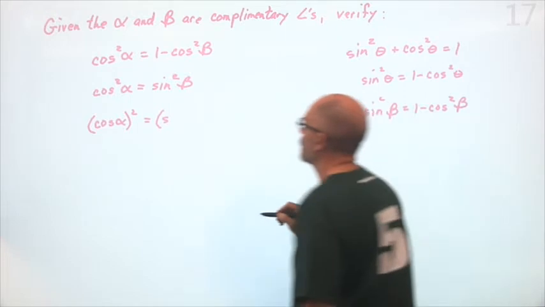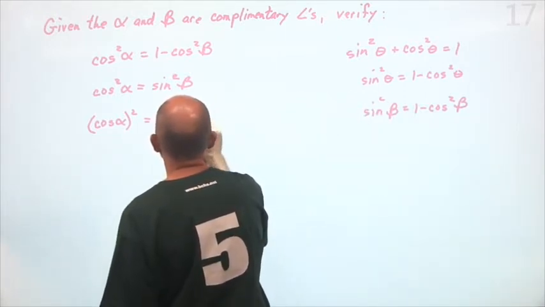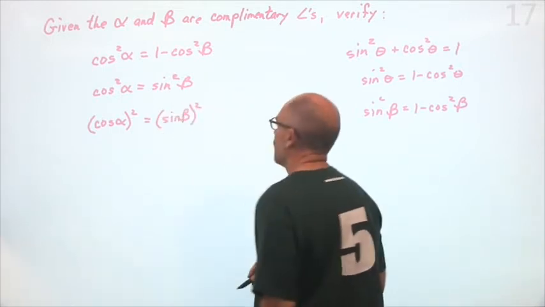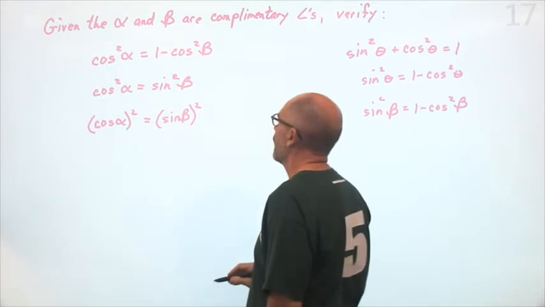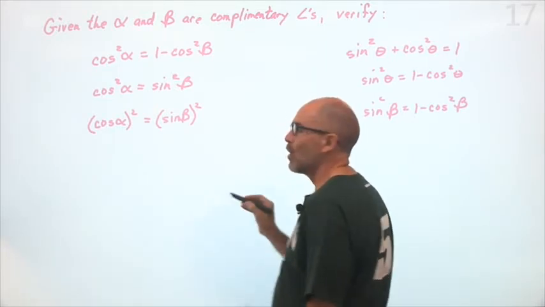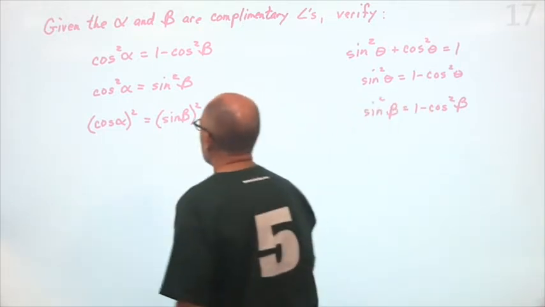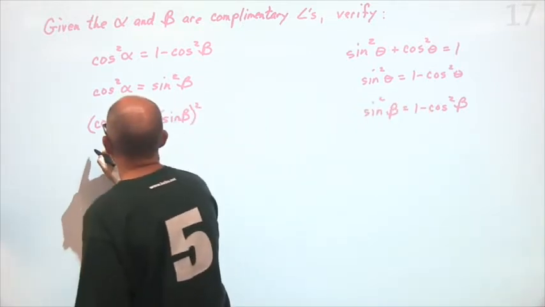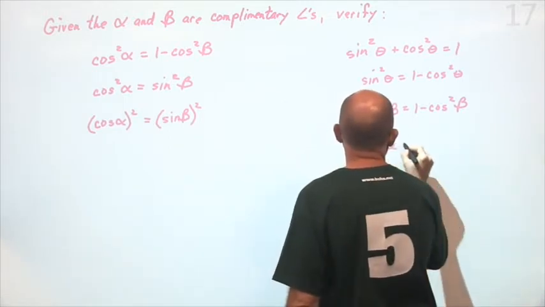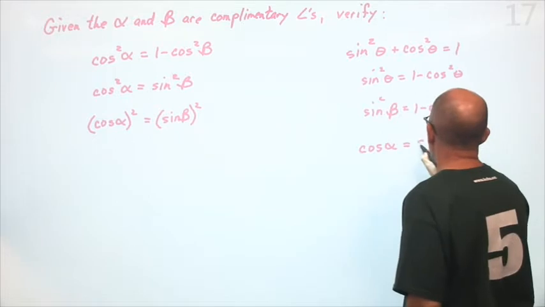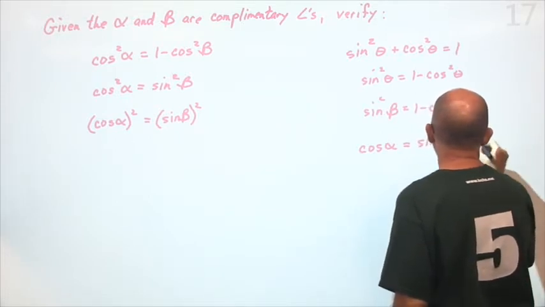Now we'll do that over here too. Okay, so the next thing I know is that sine and cosine are cofunctions. So that means cosine alpha equals sine of 90 minus alpha.